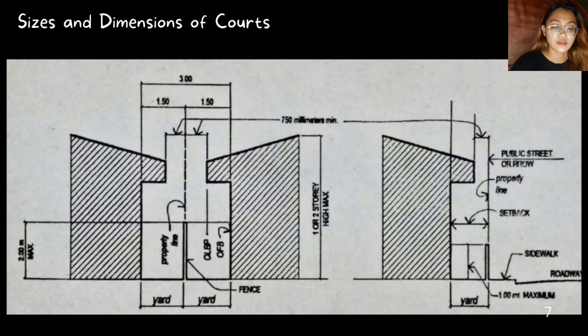Next are the sizes and dimensions of courts. Every court shall have a width of not less than 2 meters for 1 or 2-story buildings. However, if the court is treated as a yard or vice versa, this may be reduced to not less than 1.5 meters in cluster units.